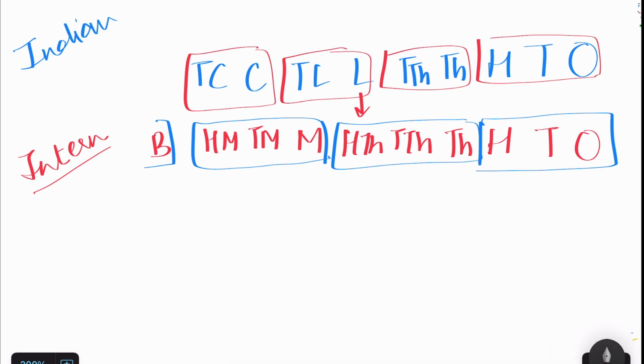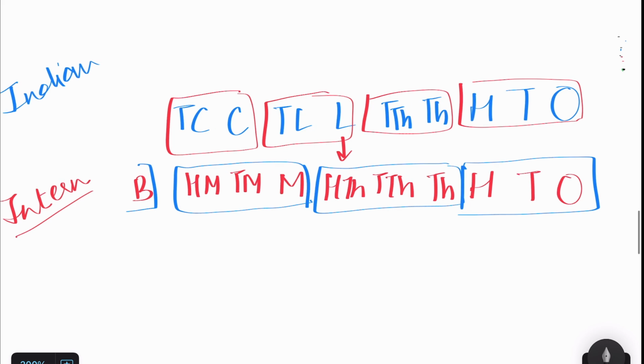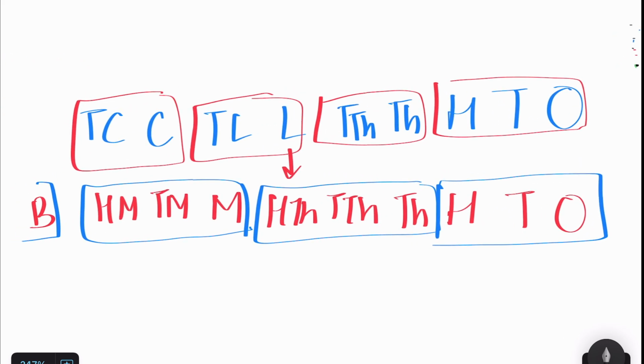Now, let me show you a glimpse of what we are going to do in the next video. We are going to be comparing these two systems. Here you see, let me zoom it in. On top we have the Indian system. So ones and ones, same, same, same, same, same. So what is all of this?